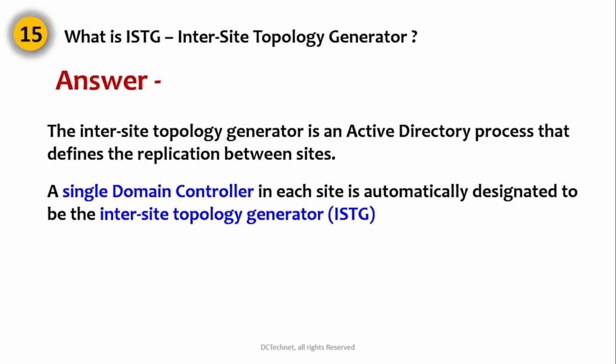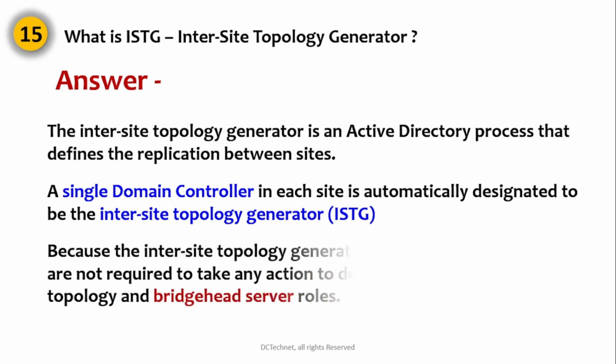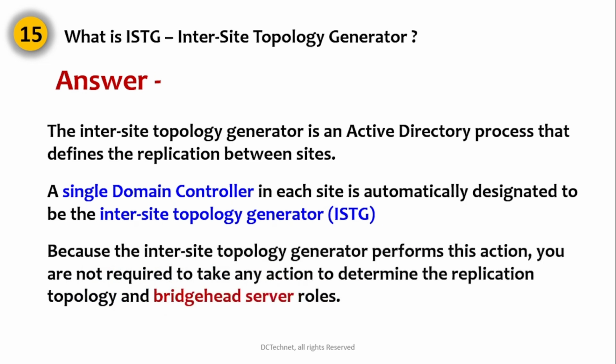So let's see how it works now. A single domain controller in each site is automatically designated to be the ISTG. Because the ISTG performs this action, we don't need to determine the replication topology.